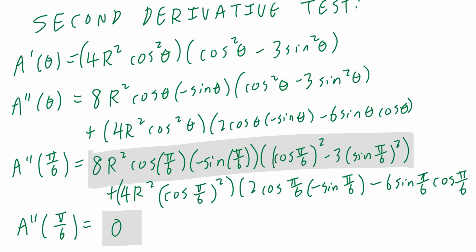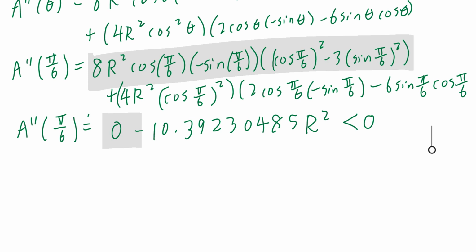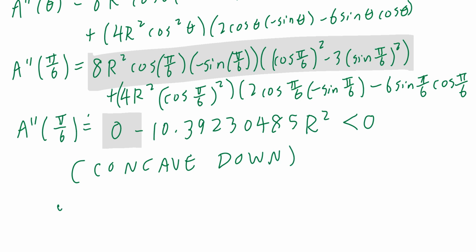When I work it out, this is approximately negative 10.39230485 times r squared, which basically means it's going to be a negative outcome. The fact that it's negative means it's going to be concave down, which implies it's going to be a maximum. I hope this makes sense.